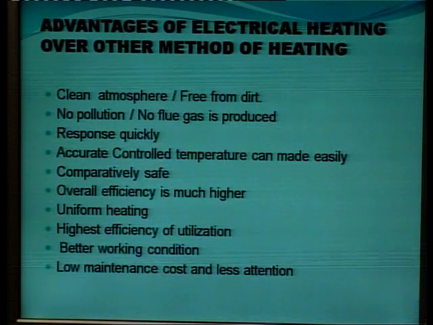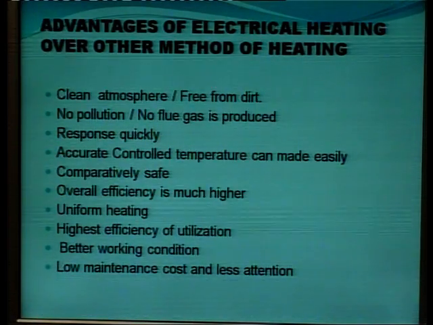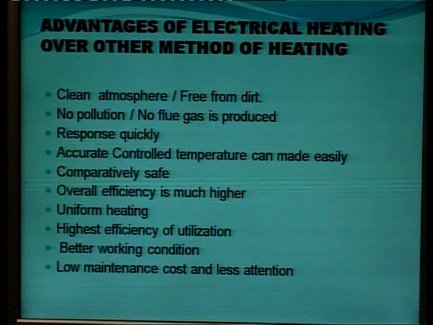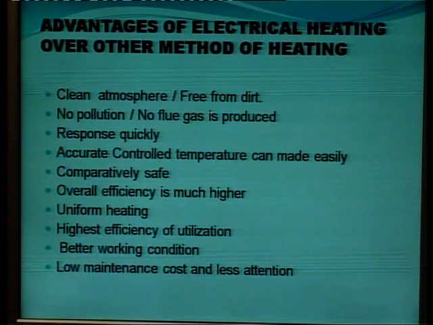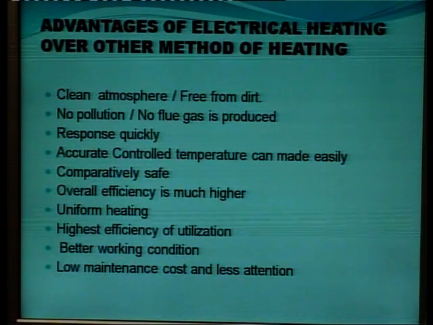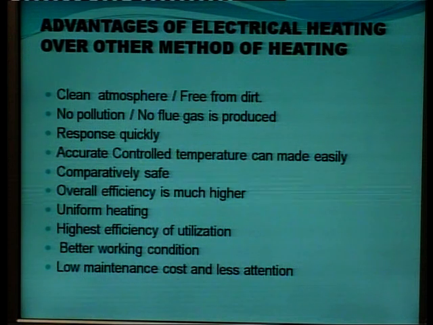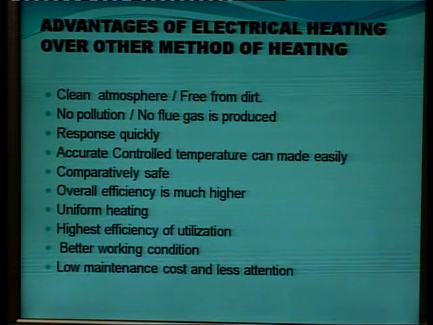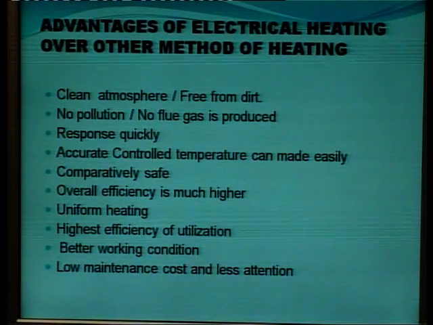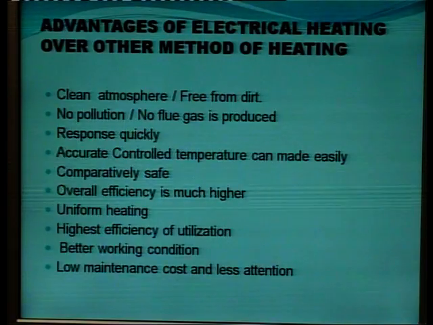The next is, there are advantages of electrical heating over other methods of heating. So, let us discuss all these advantages. First, it is clean. Second, it produces no pollution. Third, it responds quickly. Fourth, it is accurate, and temperature control can be done easily.